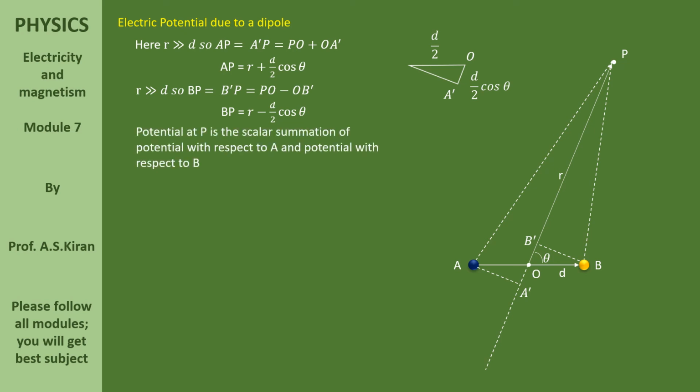Now, potential at P is the scalar summation of potential with respect to A and potential with respect to B. Yes, already we know that potential of a charge q at a distance r is V is equal to kq by r.